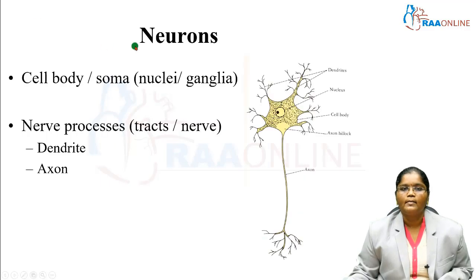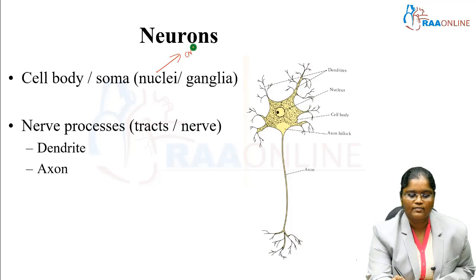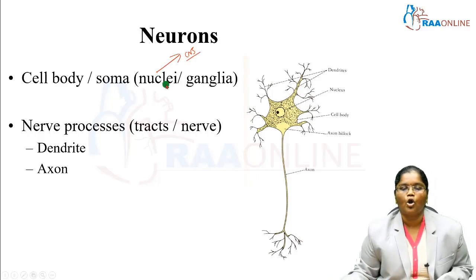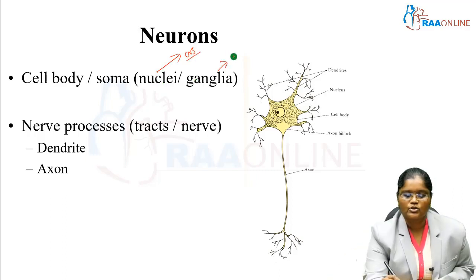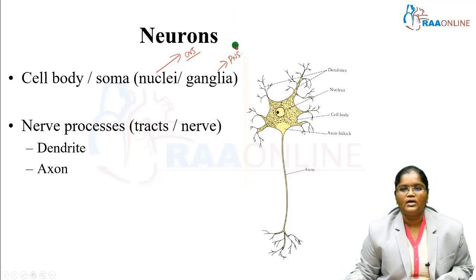So let's go to the structure of a neuron. This is a neuron, which contains a cell body, otherwise called soma. Soma means body. A collection of cell bodies lying within the central nervous system is called a nucleus, and a collection of cell bodies outside the central nervous system, that is in the peripheral nervous system, is called a ganglion.